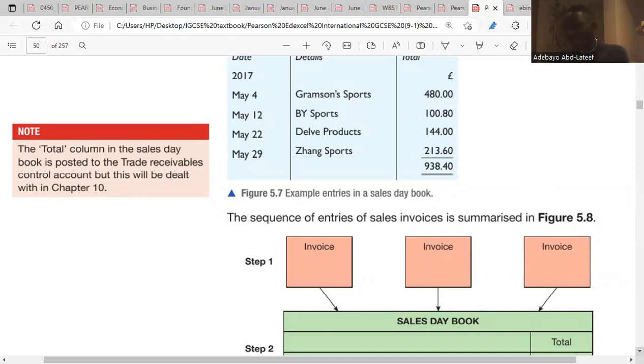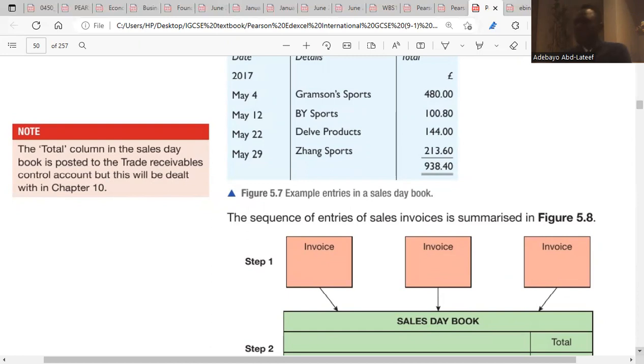Then you open for Zank Sport. For Zank Sport, you have the date, which is May 29, the details, which is revenue, then the amount, which is 213.60. Then the total of this journal will go to your nominal ledger, which is your revenue account.